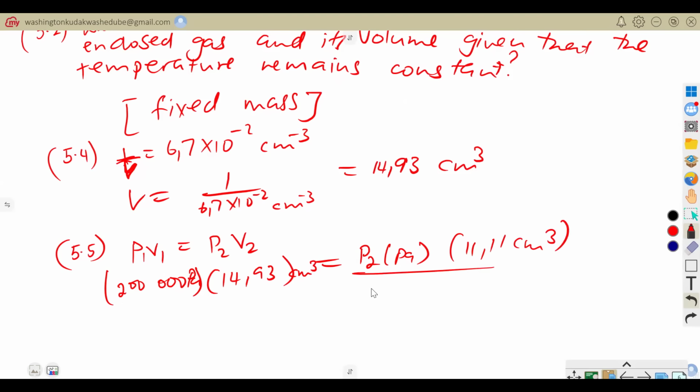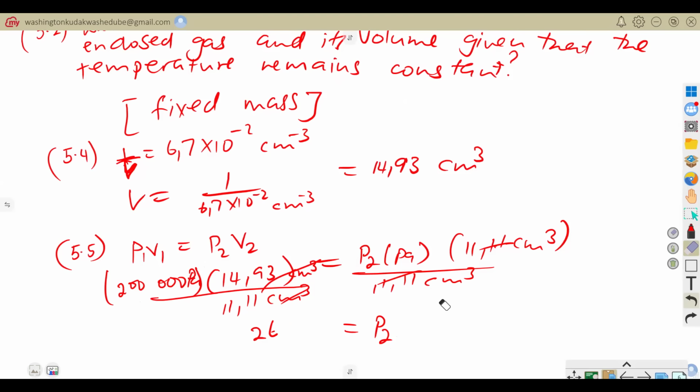I will just have to divide throughout by 11.11 cubic centimeters. The cubic centimeters cancel out. So my pressure 2 was going to be something like 268.89 kilopascals.